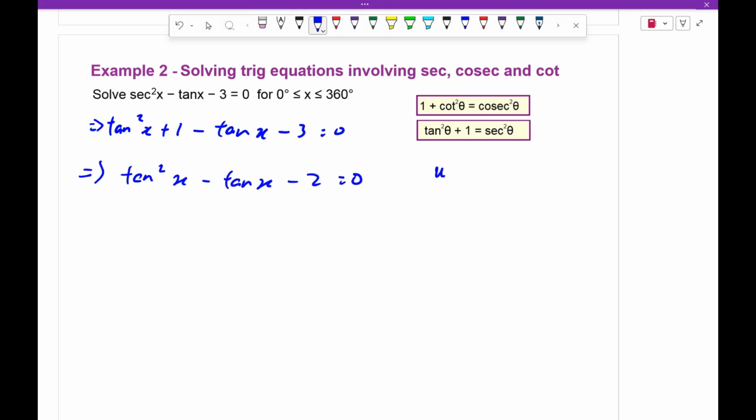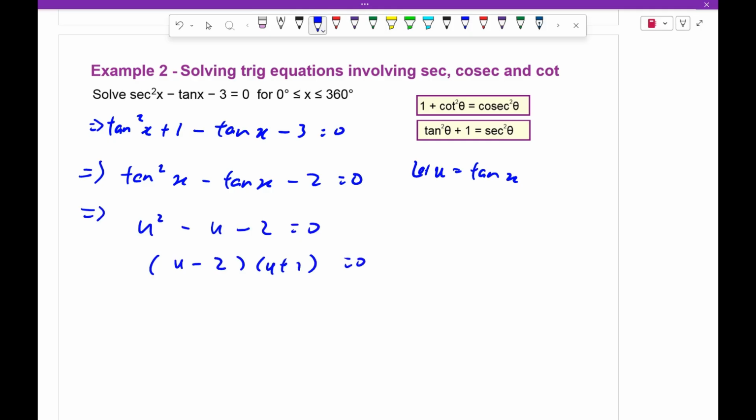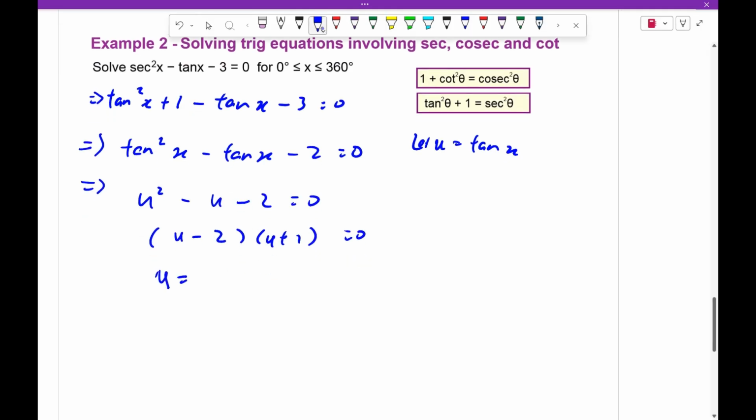If you want, you can say let u equals to tangent x. So that results into u square minus u minus 2 equals to 0, which is the same as u minus 2, u plus 1 equals to 0. So we've got u equals to 2 or u equals to a negative 1. Hence, tangent x is equals to 2 or when tangent x equals to a negative 1.